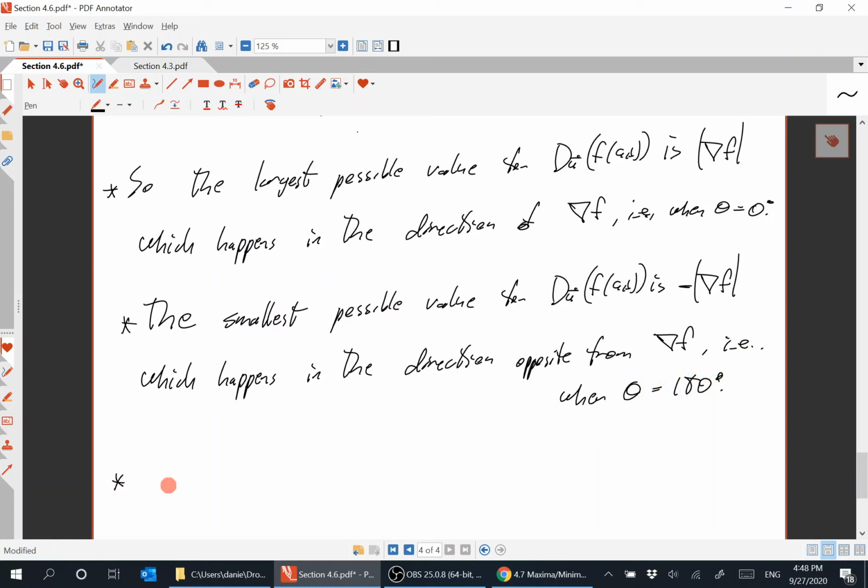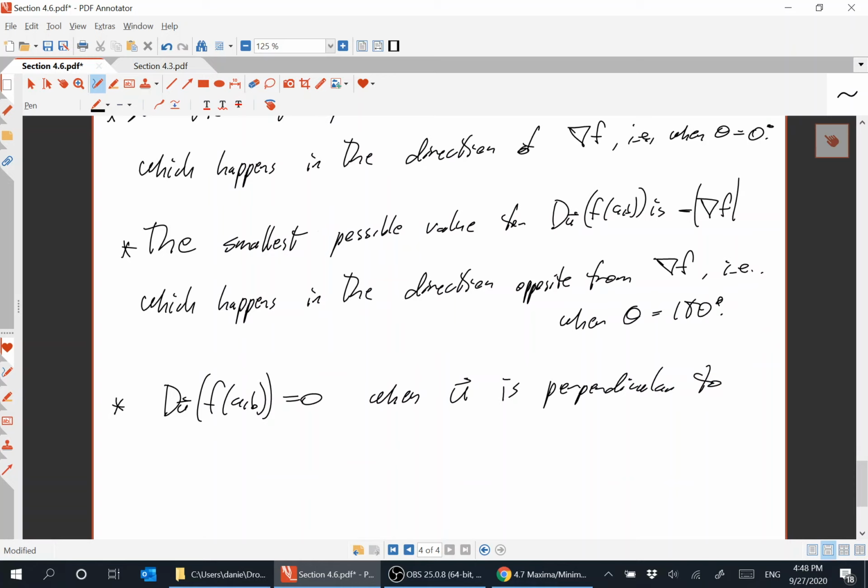And also, the directional derivative is 0 when u is perpendicular to the gradient, i.e. when theta is 90 degrees.